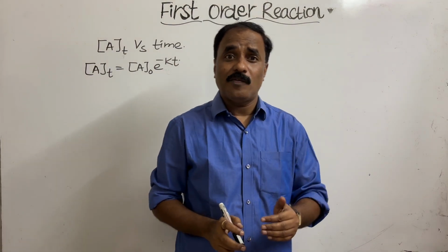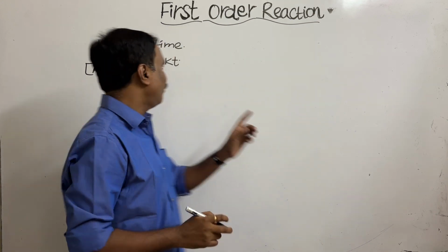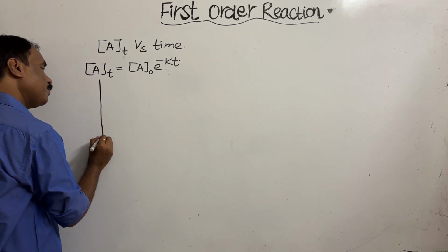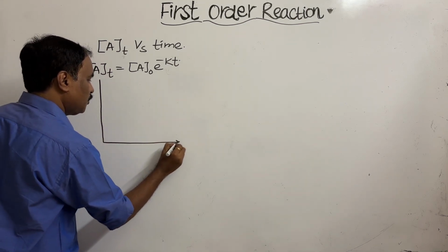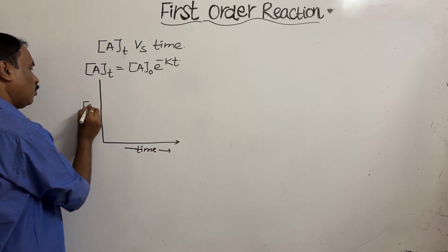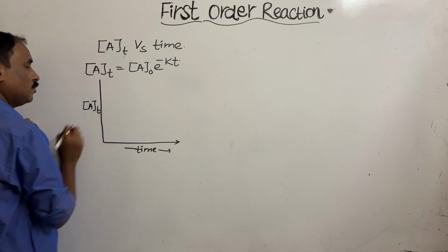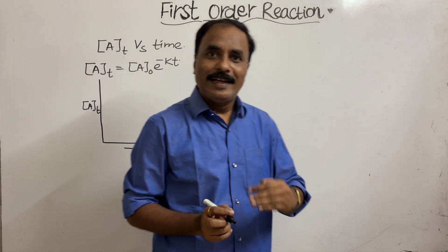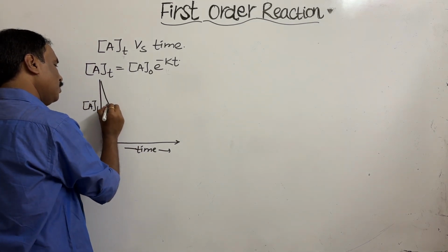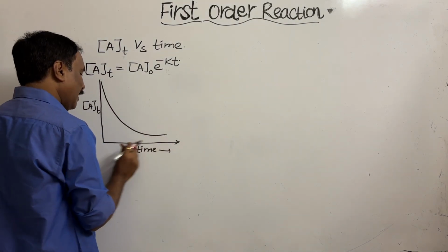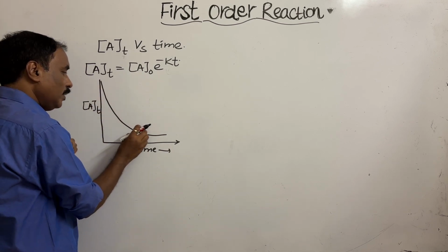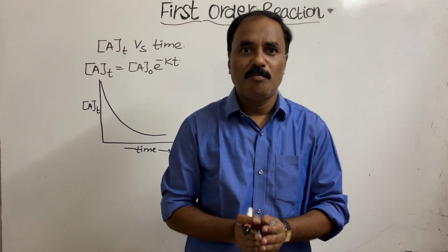Decrease in concentration of reacting molecule exponentially with time. So what is the nature of the graph? X-axis I will take time, and यहाँ पर concentration of reacting molecule. Exponentially decrease in concentration of reacting molecule with time, and the graphical representation will be like this. And as the time increases, concentration of reacting molecule decreases exponentially. ये graph number 1 है.